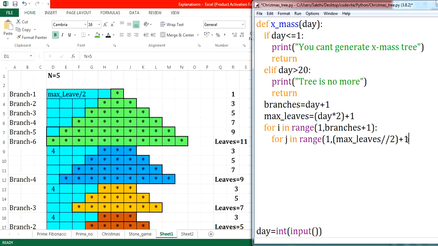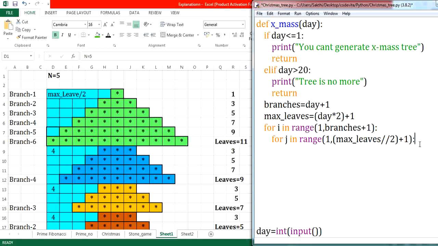Is that clear? This plus 1 always reminds that your for loop ends at n minus 1 iteration. That is the reason I am giving plus 1 here. I hope you are clear with your j loop. This j loop is specifically for spaces. How many spaces are there? Maximum leaf by 2 count spaces are there. That's what I left here.